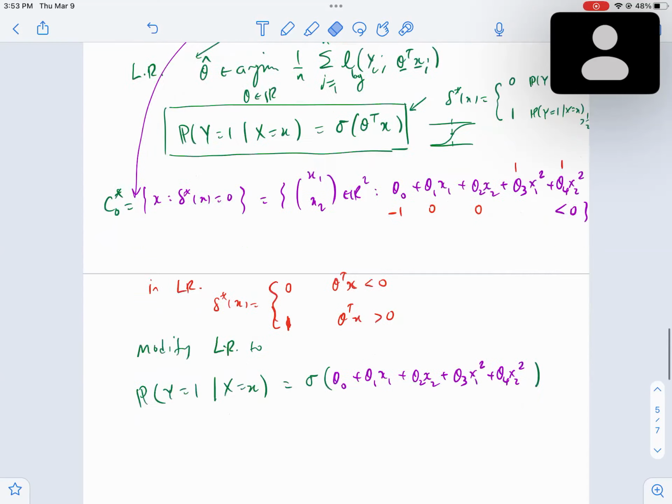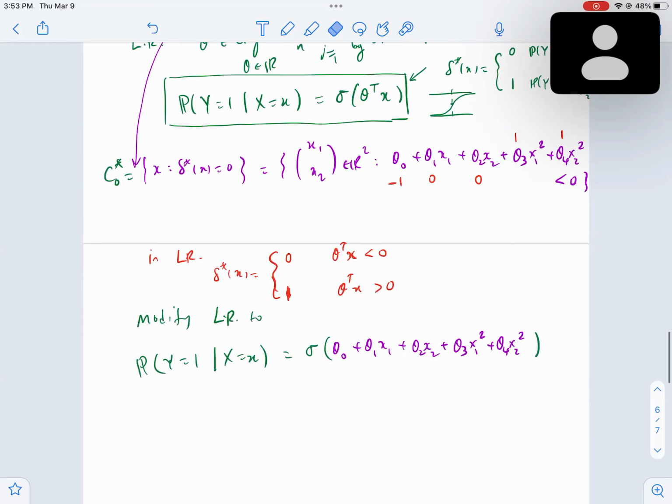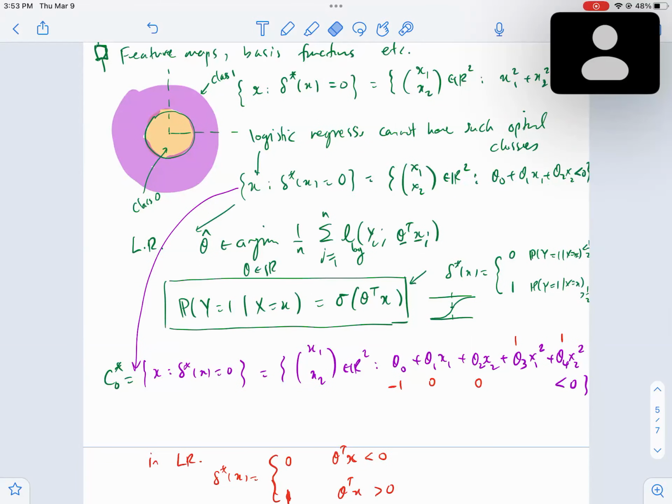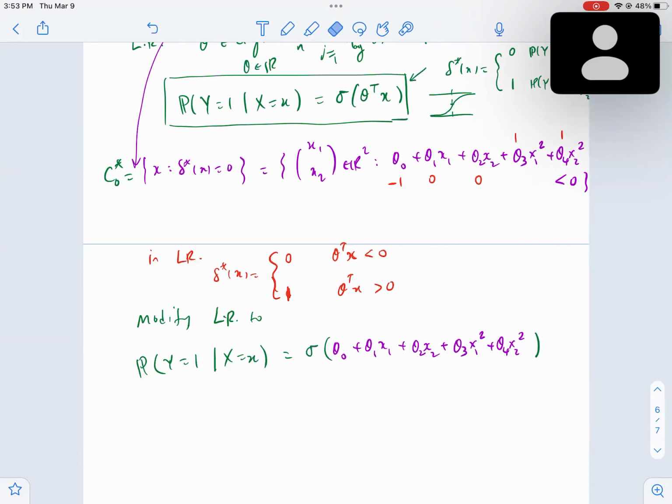If I modify the logistic regression to look like this, then this model can achieve classification boundaries like that. The model now has 4 parameters instead of 3, and we have constructed these extra features out of our original features.